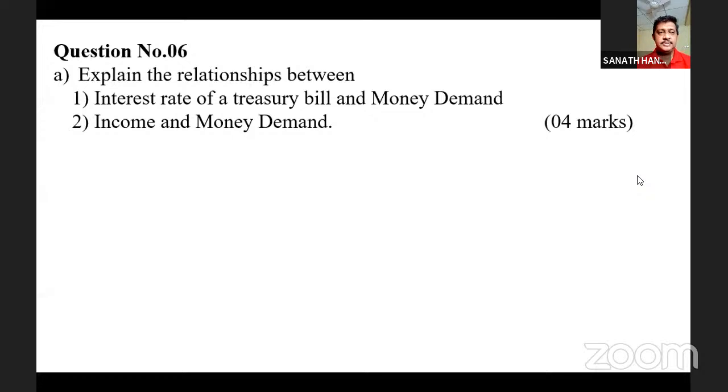This is called speculative demand for money.